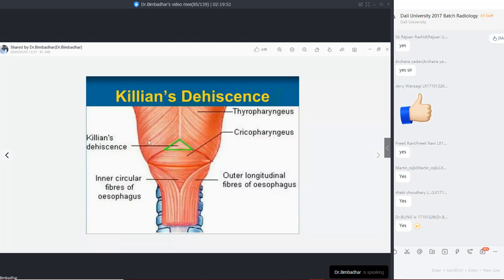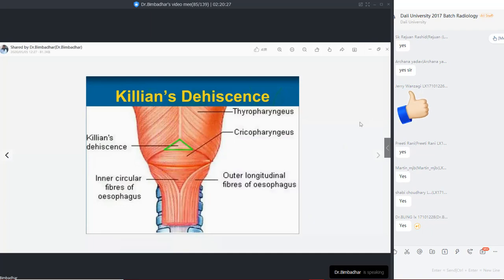This is called Killian's dehiscence, the weakest part of the esophageal area, where the esophagus is more liable to form an outpouching. So the most common location of a diverticulum is Killian's dehiscence. You will learn about this in surgery again, but it is better you try to understand it here itself.